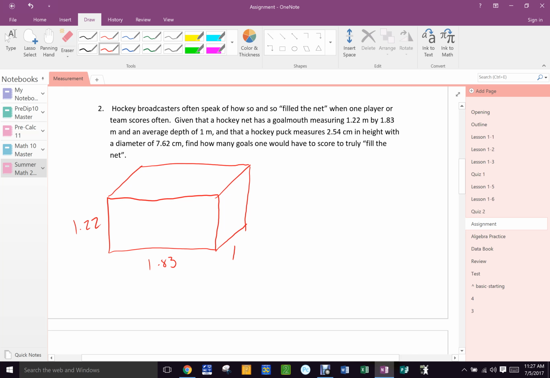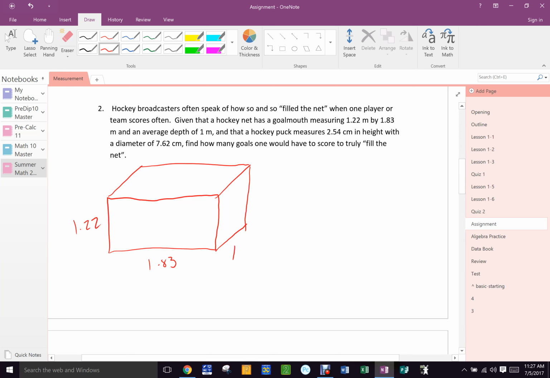What'd you guys do? I'm filling the net, so what did I have to do? Is it volume or surface area? Volume. It's volume, because I'm filling the net, right? So if I find the volume of this net, and then I find the volume of a puck, and I divide, I would know how many pucks would fit in there, wouldn't I? Everyone agree?